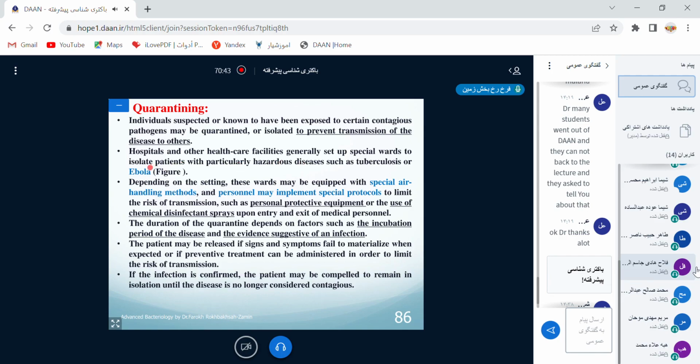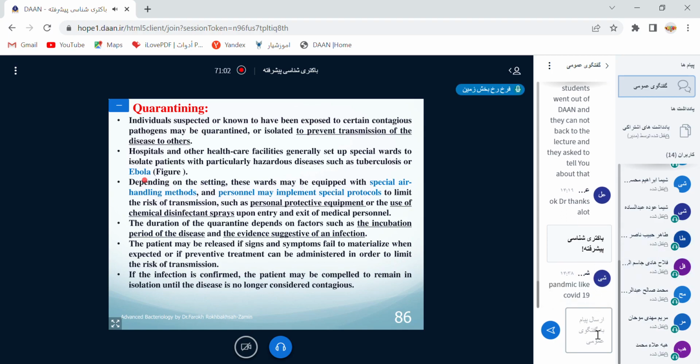Hospitals and other healthcare facilities generally set up special wards to isolate patients with particularly hazardous disease, such as tuberculosis and Ebola. Yes, COVID-19 now is pandemic, of course.